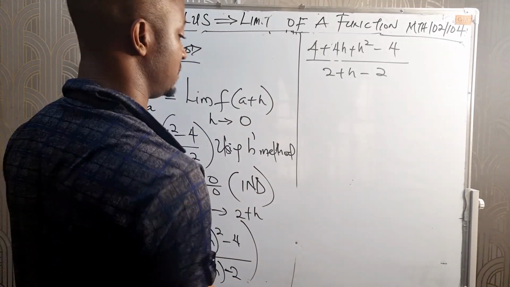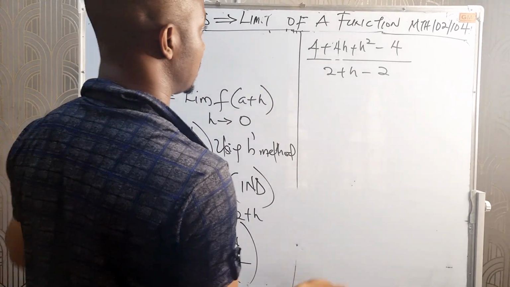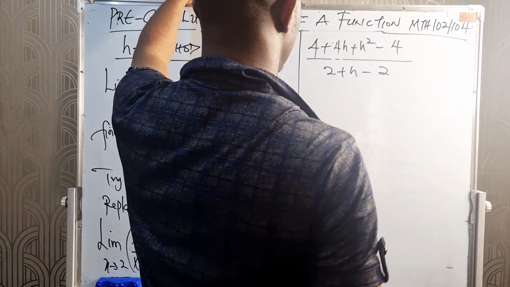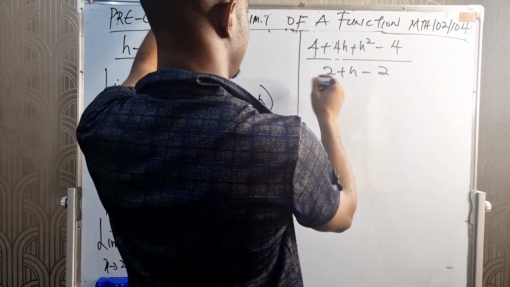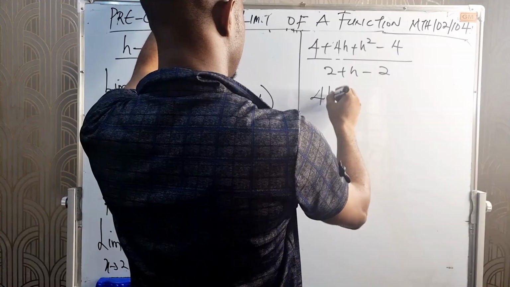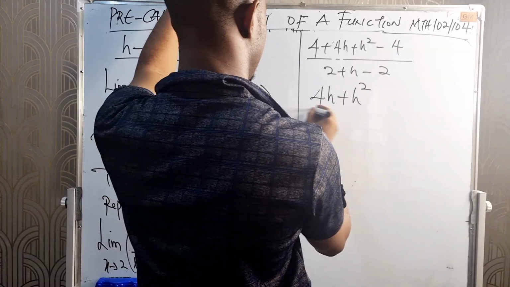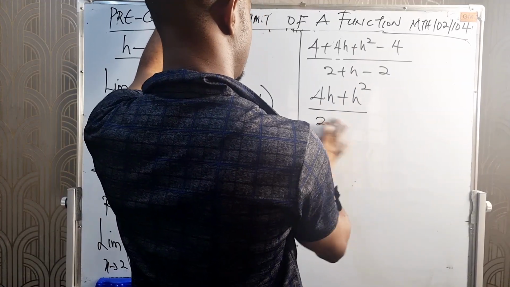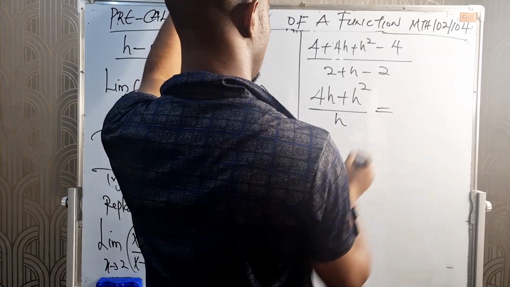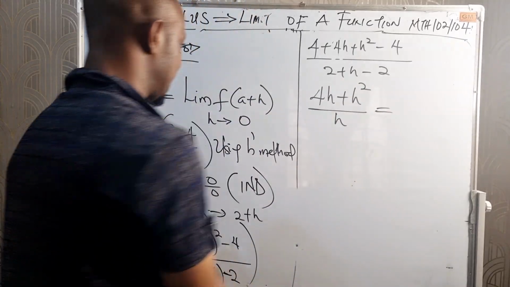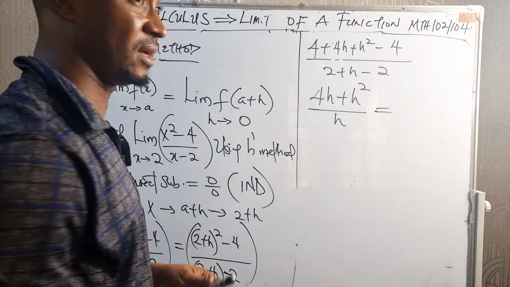So we have the final expression. Let's see how we can factorize this. 4 minus 4 is gone, right? So we have 4h plus h squared divided by 2 minus 2 is gone, over h. The rule is that I will simplify.